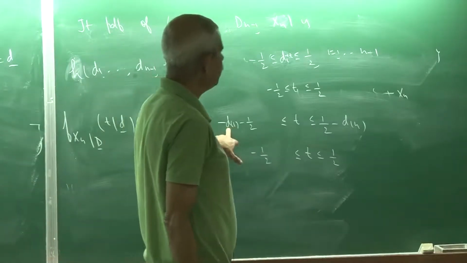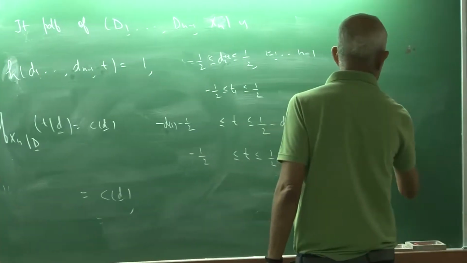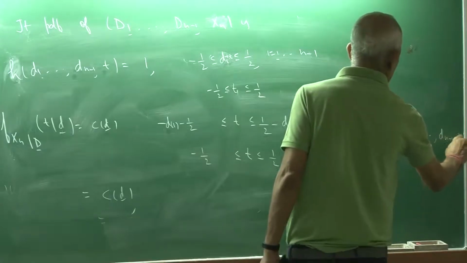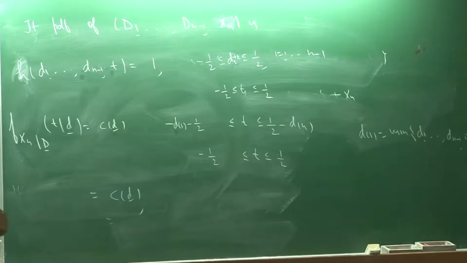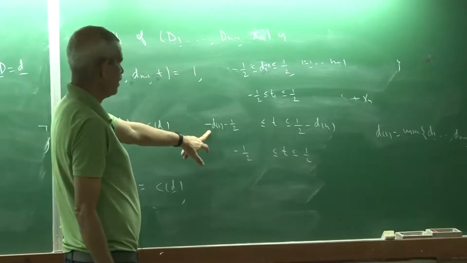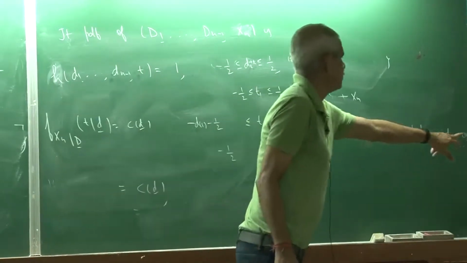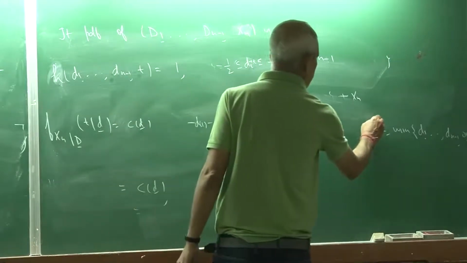Now note that d1 was the minimum of d1, d2, dn minus 1 and 0. Actually this d1 is only the minimum of d1, d2, dn minus 1, so 0 is not there. If you want, you can write these as d1 star and dn star.